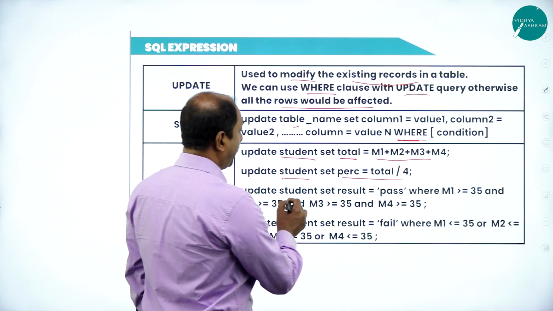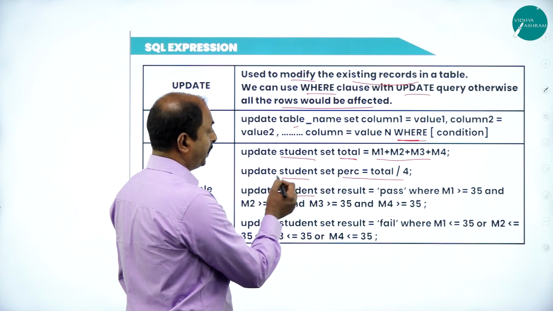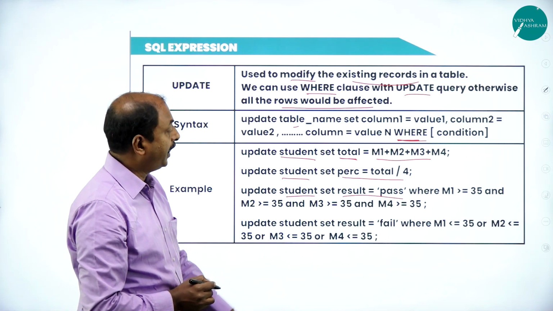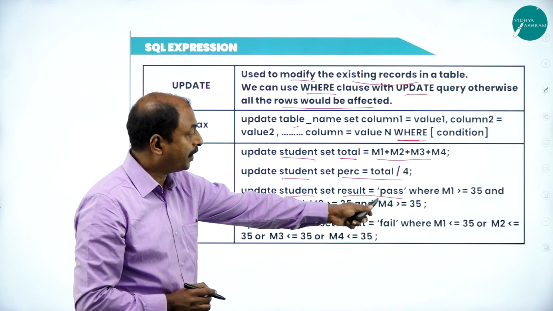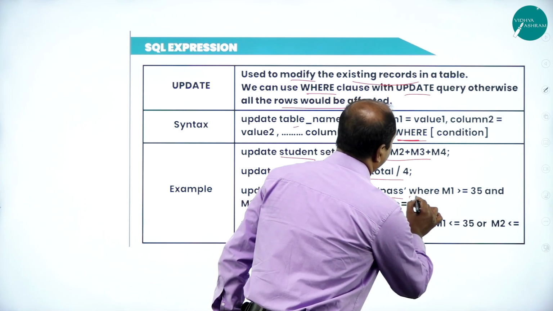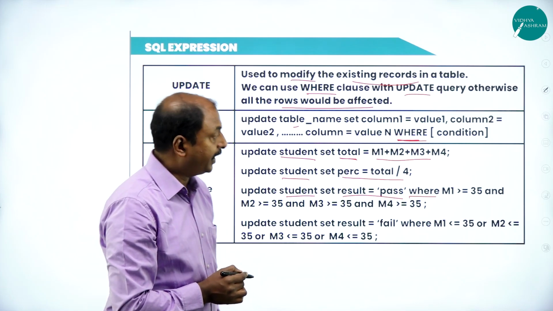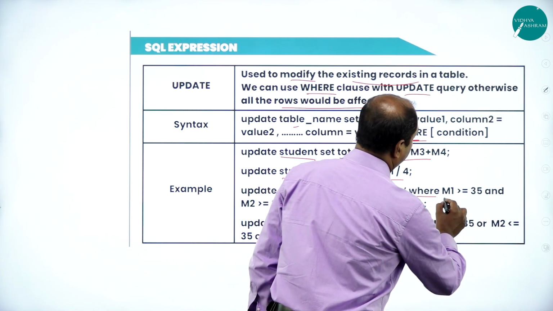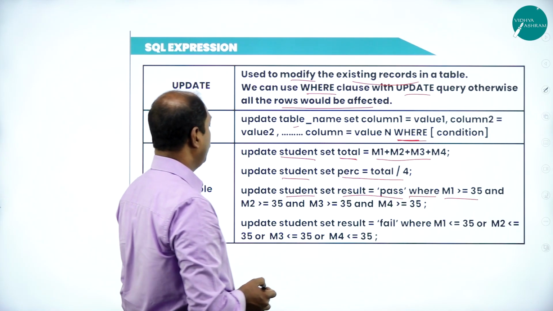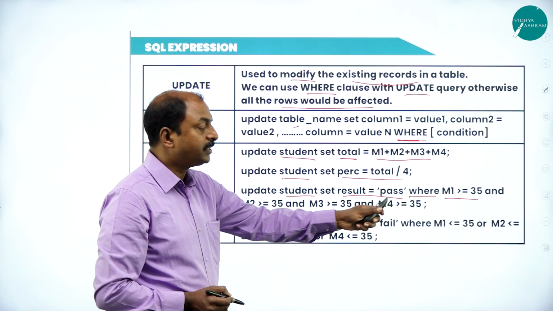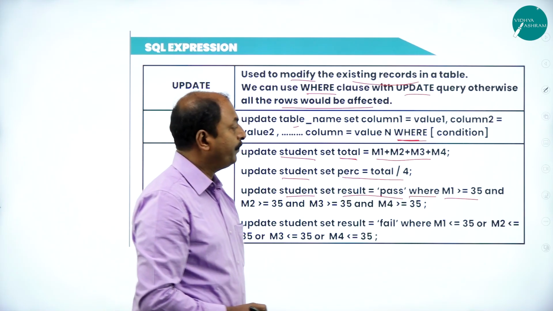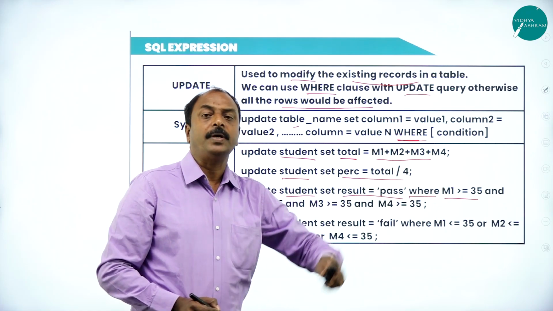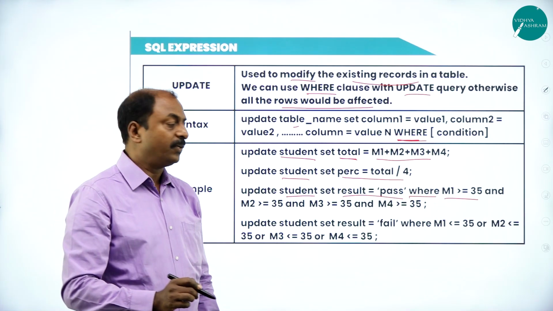Similarly, now update student, table name is student. Now result equal to pass. Now we are going to update the attribute or the field result equal to pass. Now here we are using where condition or the where clause. So what is the condition for a pass class? Here M1 should be greater than or equal to 35, M2, M3 as well as M4. So generally the marks in all the subjects, M1 should be greater than or equal to 35.